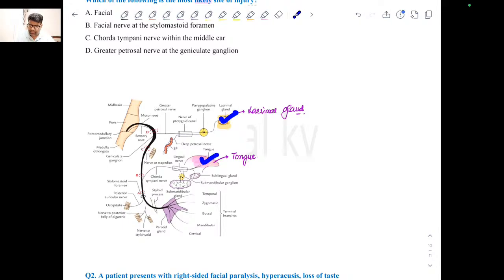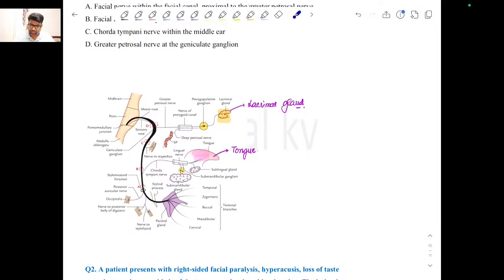Lacrimation is happening, taste sensation from the anterior two-third is also occurring. Now what it means, the anterior two-third taste sensation, this is by chorda tympani, right? So this is the chorda tympani nerve which is bringing the taste sensation from the anterior two-third. So it means the injury is somewhat distal to this area after the origin of chorda tympani.